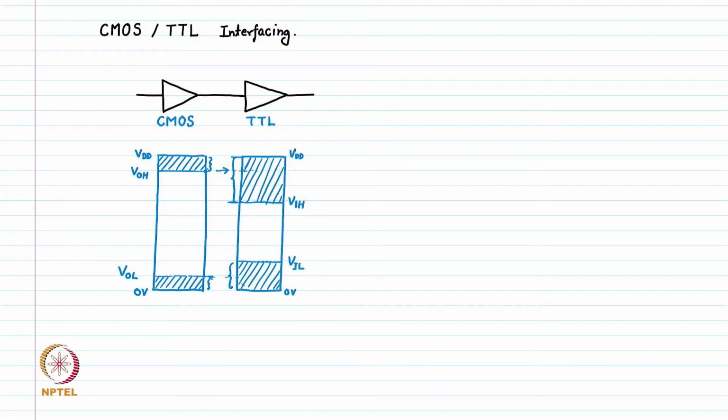So this is overlapping with this signal. The voltage range VOL is lesser than VIL, so the low will be detected easily, and VOH between VDD and VIH is still in between VDD and VIH, so this high also will be detected easily. So CMOS can directly drive TTL.